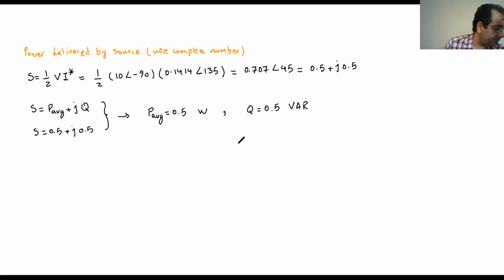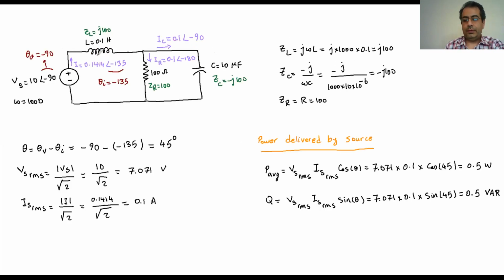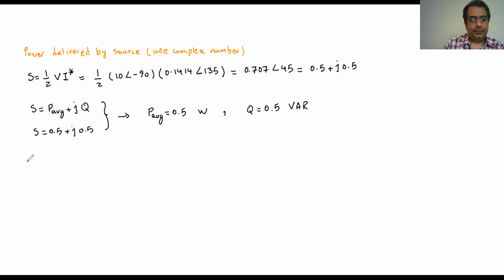So it's another way of doing the same calculation that we did in the previous step. Now if I want to see how much power is delivered to the inductance, we know that the average power delivered to the inductance is going to be 0. So the average is 0, but the reactive power is going to be delivered to the inductance.